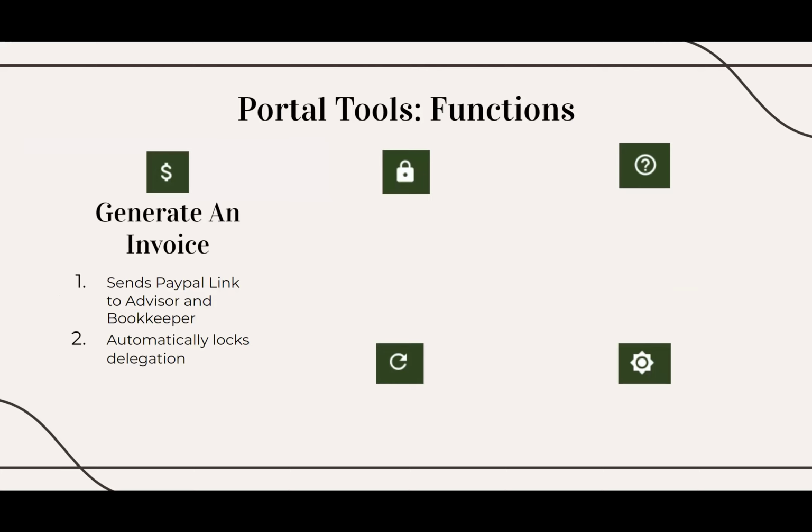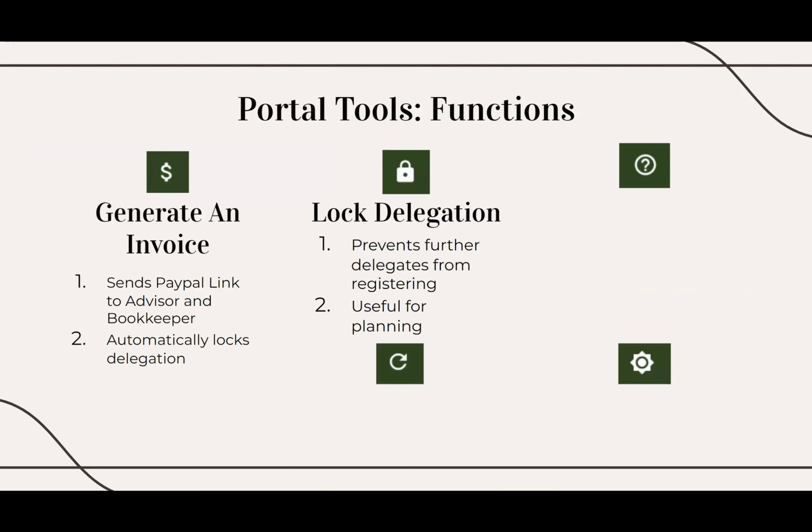So this will send the PayPal link to the advisor and bookkeeper with the total invoice for the delegation, and also automatically locks the delegation, so no delegates can register. If you want to lock the delegation otherwise, then you could just click that lock button, and this prevents delegates from registering further. This is useful for planning processes internally, so use this wisely.